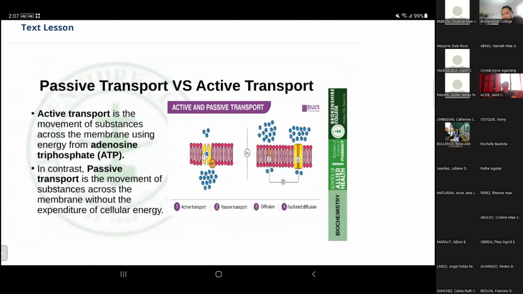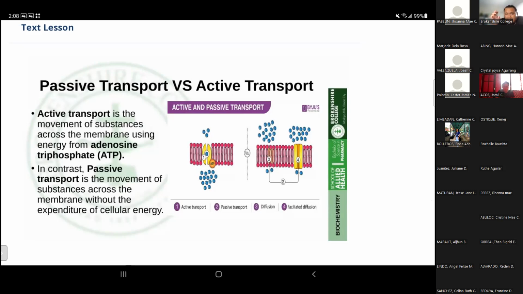So active transport, in order for a substance or a molecule to pass in and out of the cell, needs ATP, or adenosine triphosphate. And if that happens, when the ATP binds to the receptor in that channel, ito nakikita nyo na number 1, mahihiwalay, in order to consume the energy, mahihiwalay ang isang phosphate bond doon sa ATP.